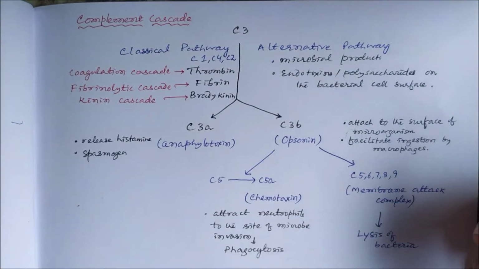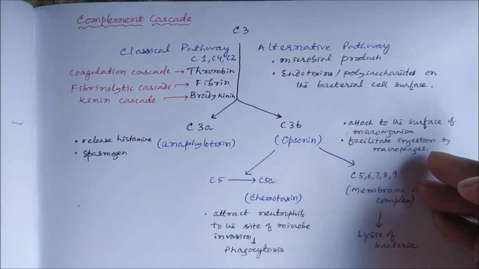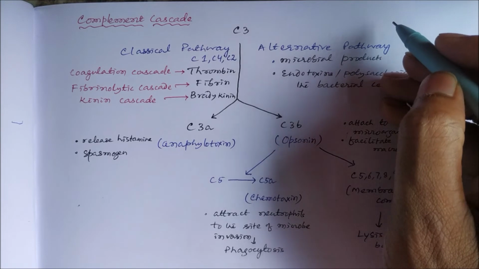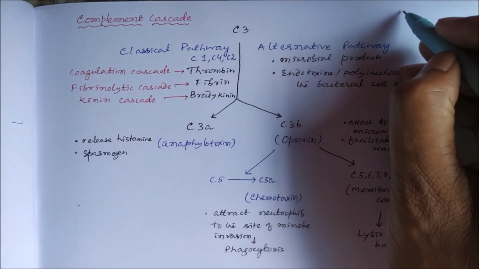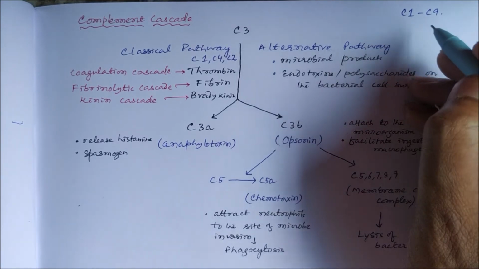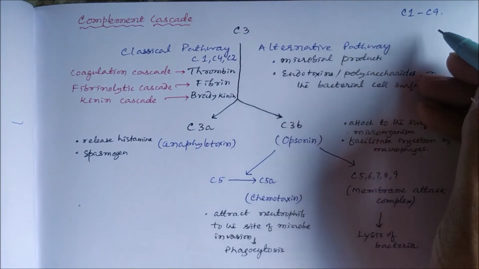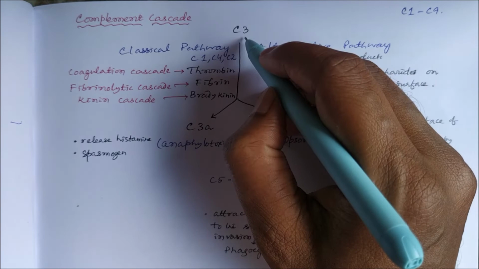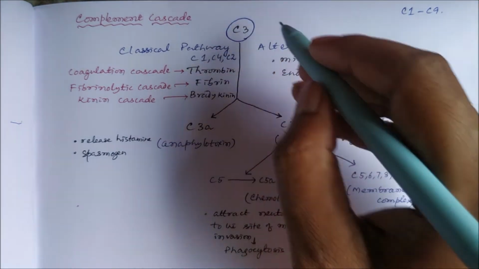The complement cascade consists of 11 complements, C1 to C9, with 3 subforms of C1. The most important complement is C3.